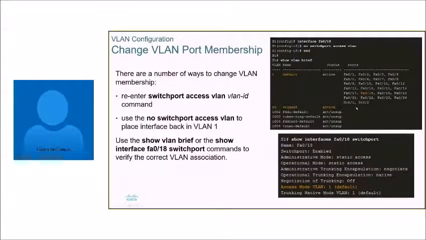It will be removed from that and will be in a list beside that. There are a number of ways to change VLAN membership. You can re-enter the switchport access vlan command, or you can do no switchport access vlan, and that will put it back to VLAN 1. Show vlan brief or show interface switchport commands will tell you what VLANs it belongs to.